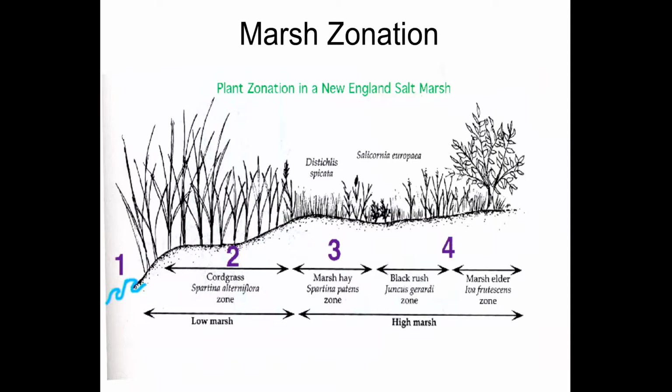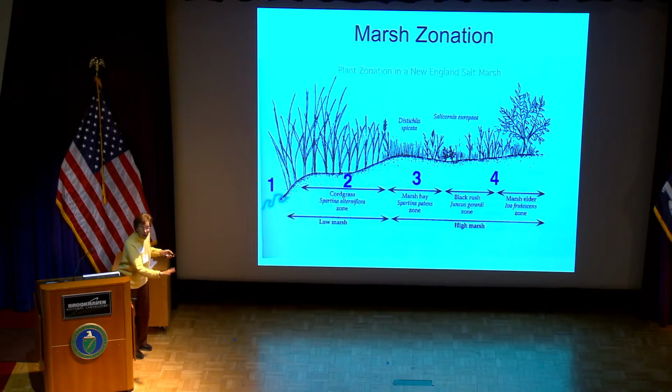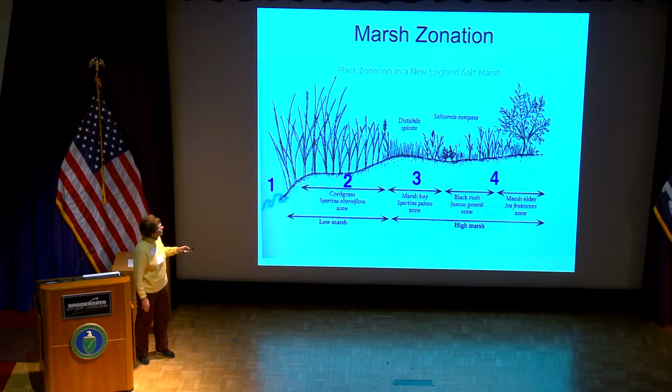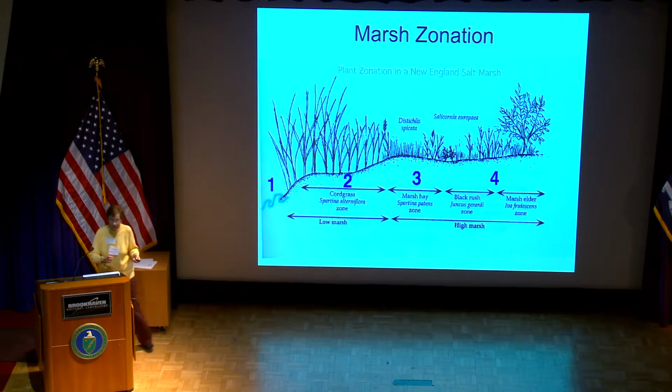This is the one that falls down, and you see this plant lying on the floor of the marsh. And then further back, you get the black rush, the marsh elder, the salicornia, the saltwort, which is a succulent plant. So these are typical sorts of plants you see in the salt marsh.